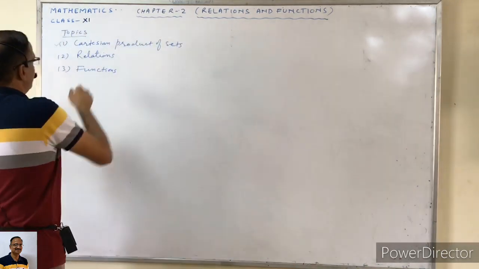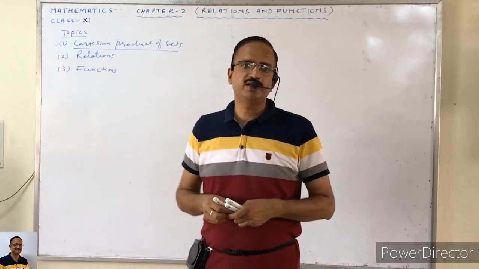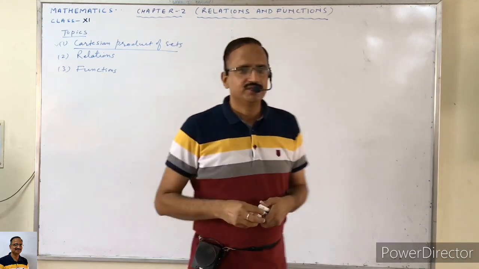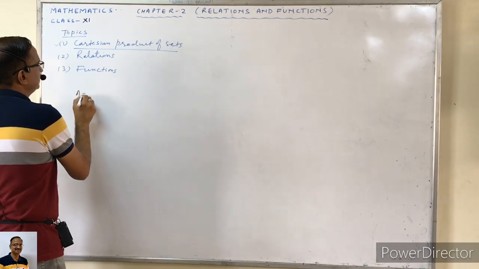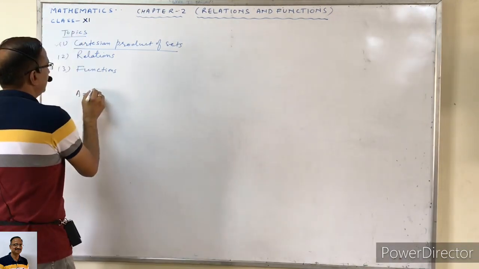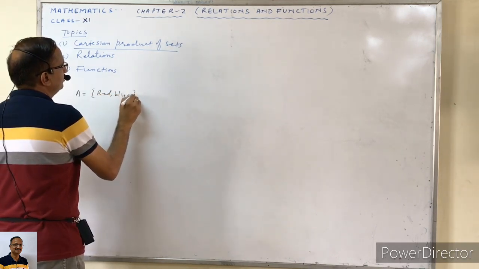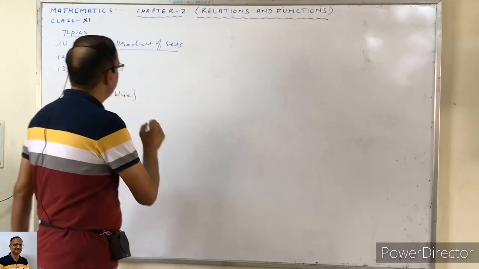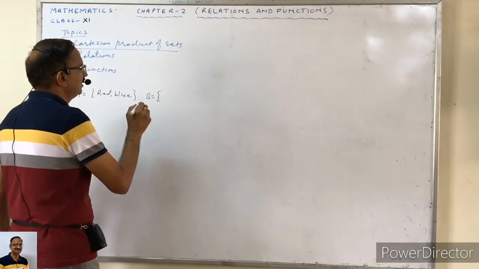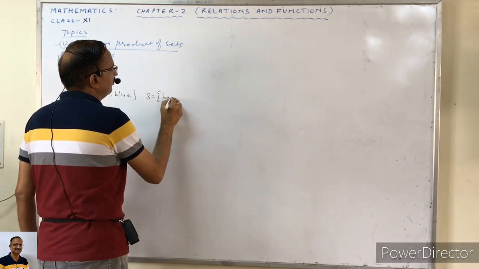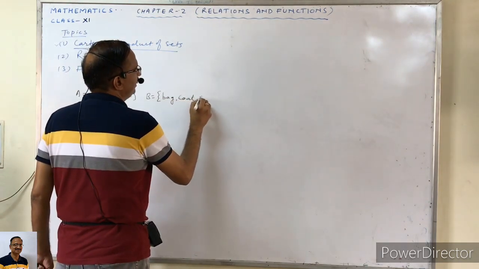So children, first of all, we will discuss Cartesian product of sets. Suppose we have two sets. Set A contains two colors, red and blue, and set B contains some objects like bag, coat and shirt.